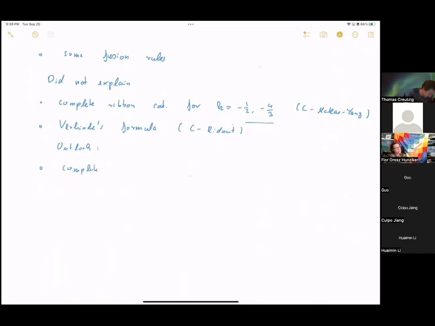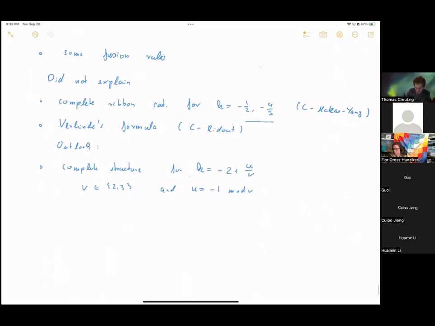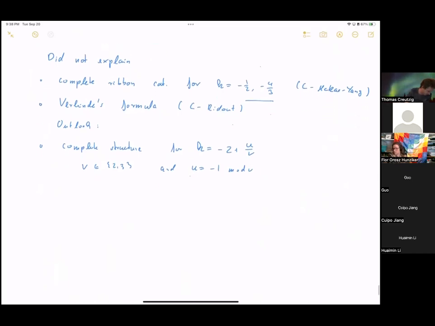But once this is all carefully written down, one can also determine the complete structure for K being the admissible level U over V, where V is either 2 or 3, and U is equal to -1 modulo V. Hopefully one can do even much better, but that would already be quite some progress, I would think.